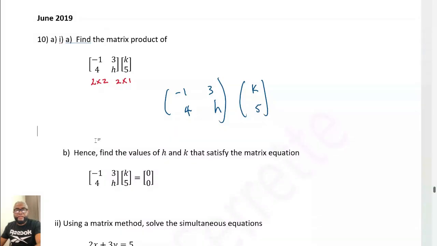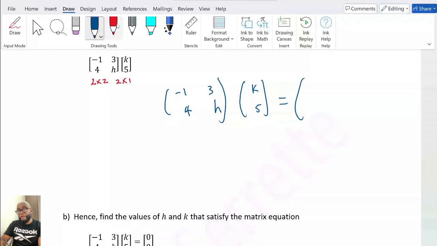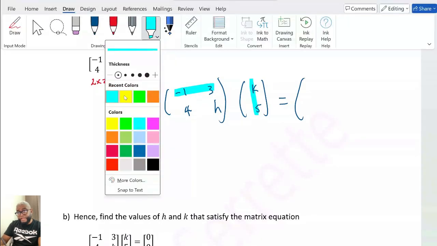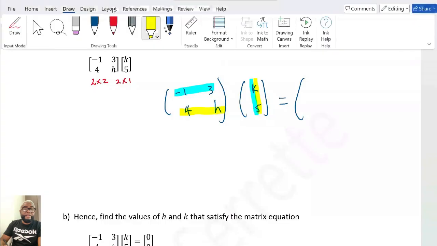So let me go row by column. Look how it's going to go. There's only one column in the second matrix, so it's going to be the first row by this column, and then the second row by the only column it has there. Everybody good there?